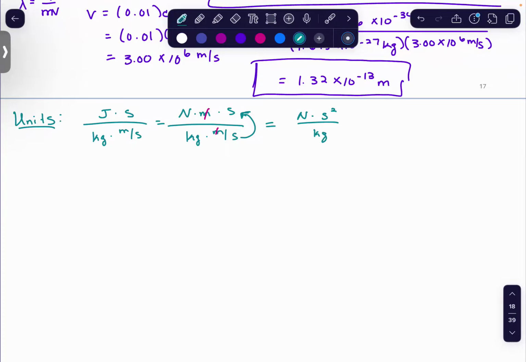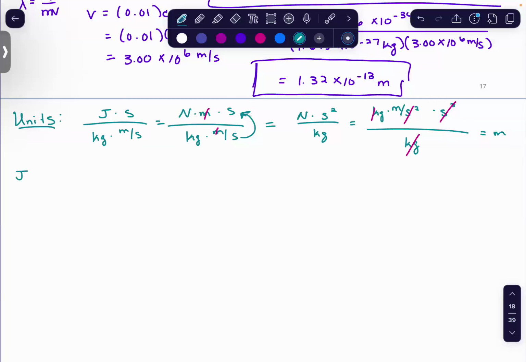Well, the Newton is the kilogram times meters per second squared. Then you have the seconds squared over kilograms. And seconds squared times one over seconds squared cancels, kilograms cancels, and I end up with meters. So yeah, the units do work out. But you have to know how joules breaks down.